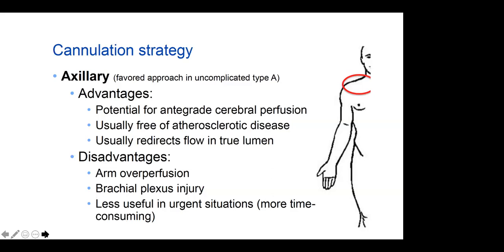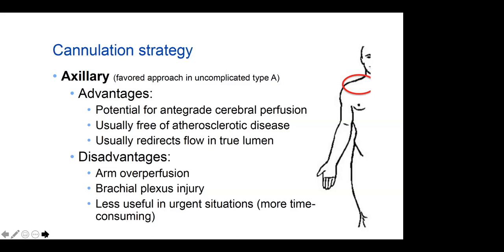There are 3 parts of the axillary artery: first part, second part, third part. I will go to the second part to avoid injury of the brachial plexus, and I will use an 8 millimeter Dacron graft. It can be used directly or with the graft.